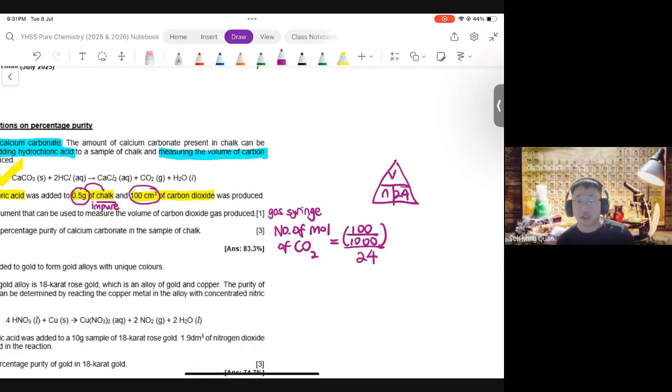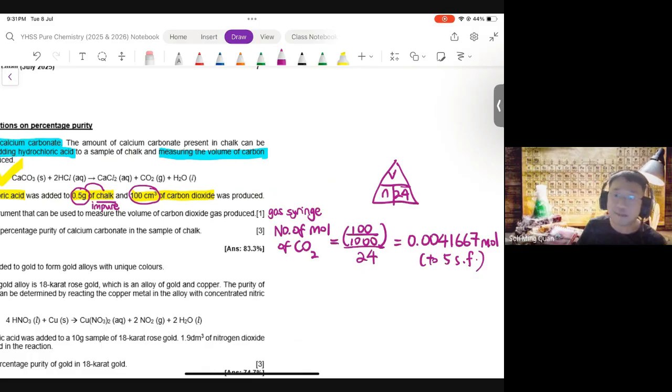So N is equal to V over 24, but bear in mind, the cm cube has to be converted to dm cube. All right, and hence, this will give me the answer 0.00416667 moles. Please take note, this is 5SF. For intermediate working steps answers, we always round off to 5SF for intermediate steps.